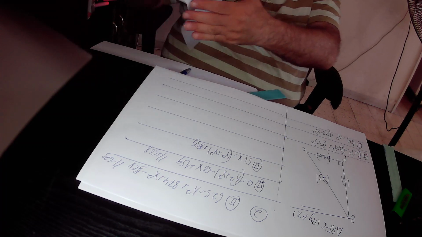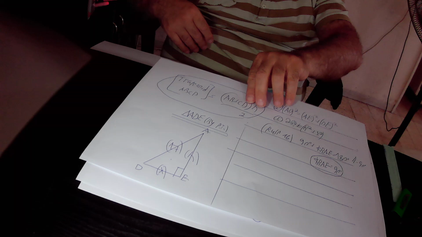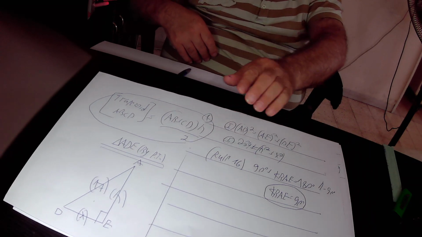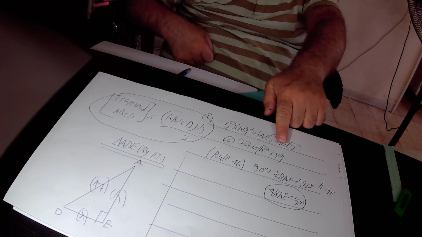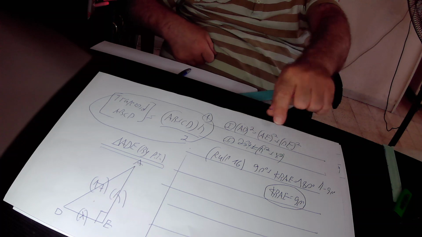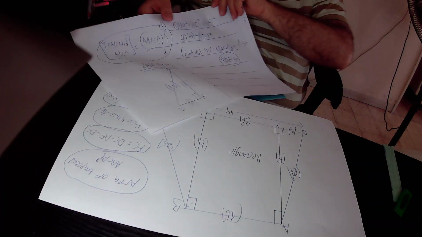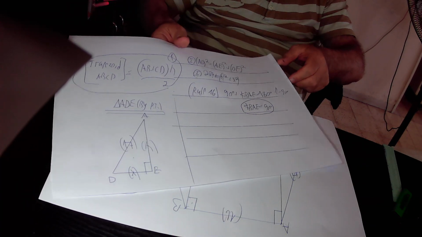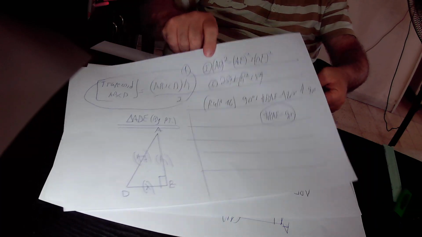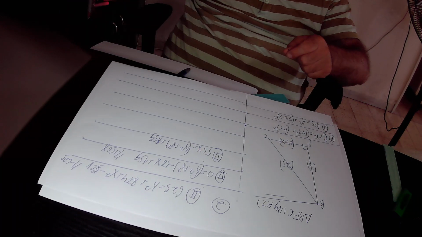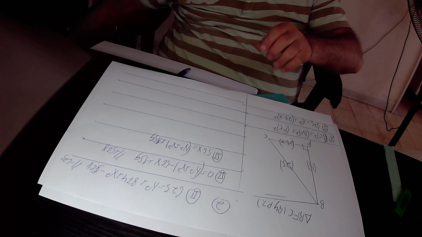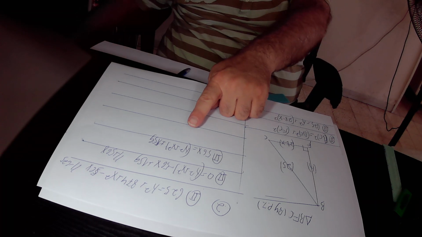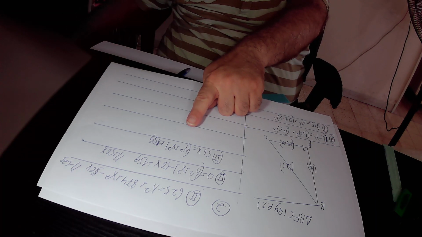According to equation 1, we have already found out that 8 squared plus x squared equals 289. Therefore, we substitute 8 squared plus x squared in equation 2 by 289.